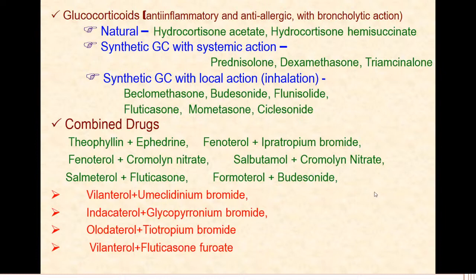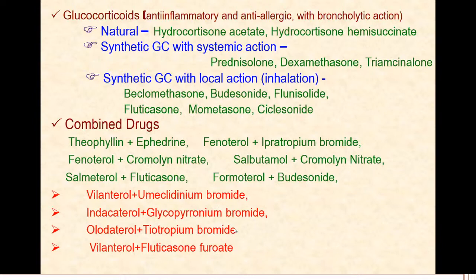And the latest, which are the most effective: vilanterol, umeclidinium bromide. Vilanterol is a long-acting beta-2 adrenomimetic, umeclidinium a long-acting topical M-cholinoblocker. Same with indacaterol plus glycopyrronium, different representatives, but two mechanisms.